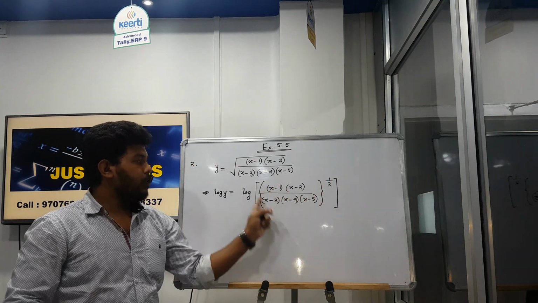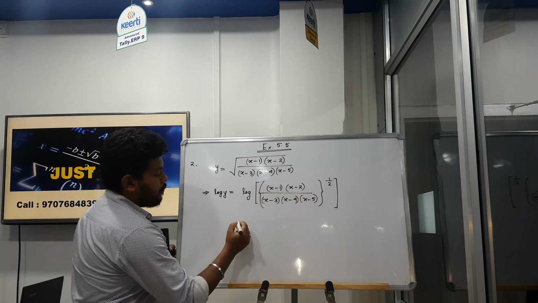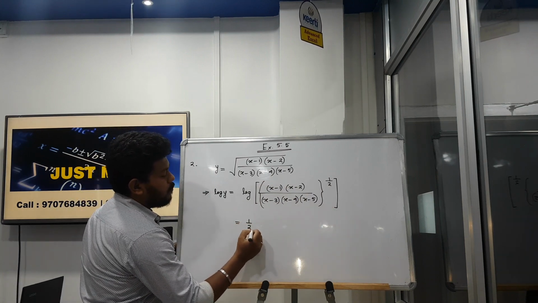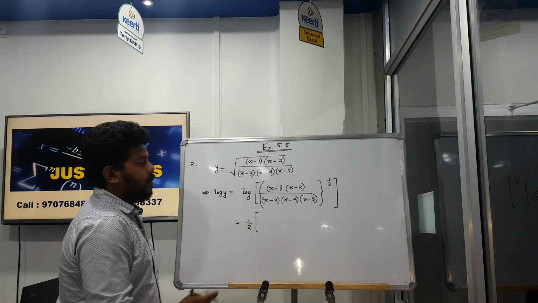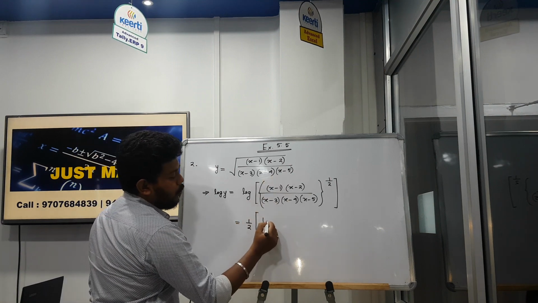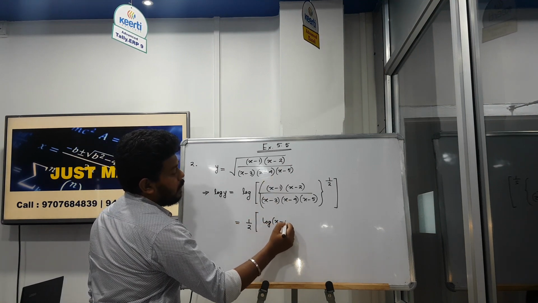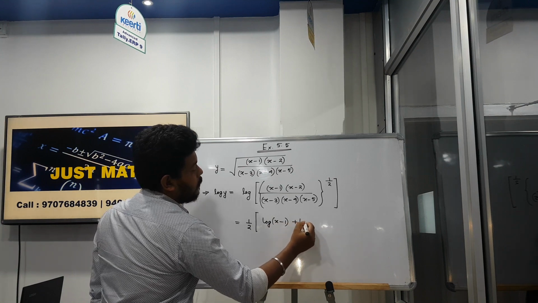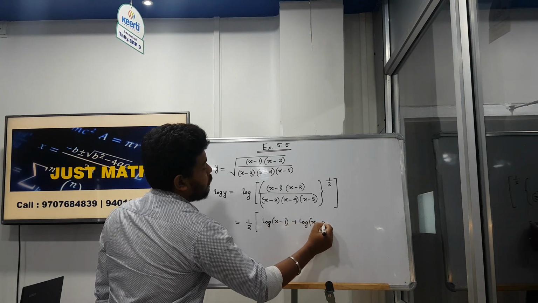Log of a to the power half will be half of log of their product. It will be log of x minus 1 plus log of x minus 2.